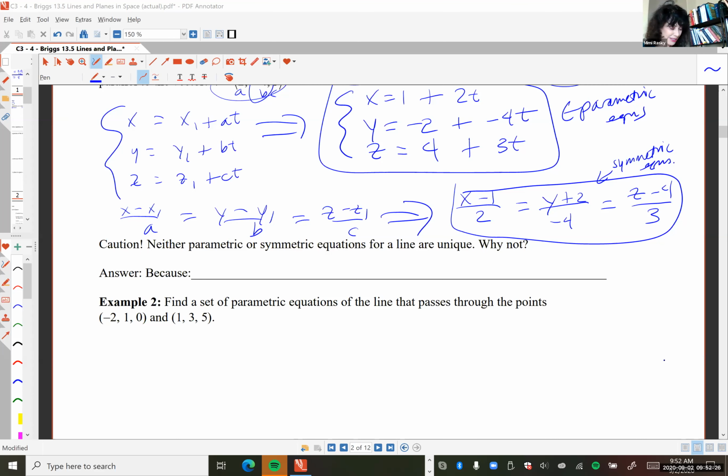All right, so let's answer this question really quick. You should know this, but it's kind of tricky, so I'm not expecting everybody in the room to get it. I claim that none of these answers we got in the previous problem are unique. I could have had different answers and they would have been legit. Why?